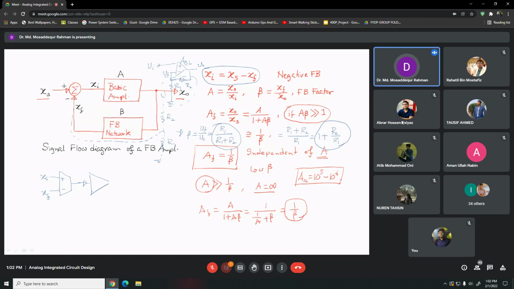So we need an amplifier with a very high gain. First you take the difference, then you amplify that signal, and then at the output, you connect the load, right?